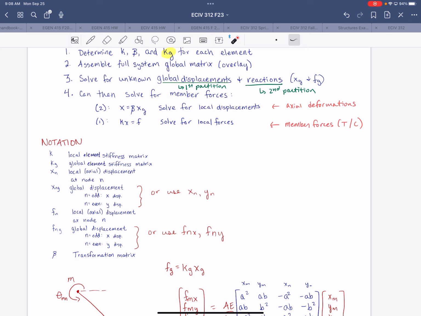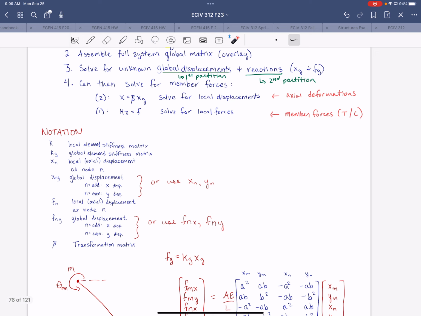Instead of using x1g, x2g, like I described last time, where an odd number represents displacement in global x and an even number represents displacement in global y, it might make more sense to you to just say x and then 1 or whatever the node number is and y1, all right? So here n would be the node number instead of playing with the odd even thing. I think personally that this approach makes more sense. I prefer it.